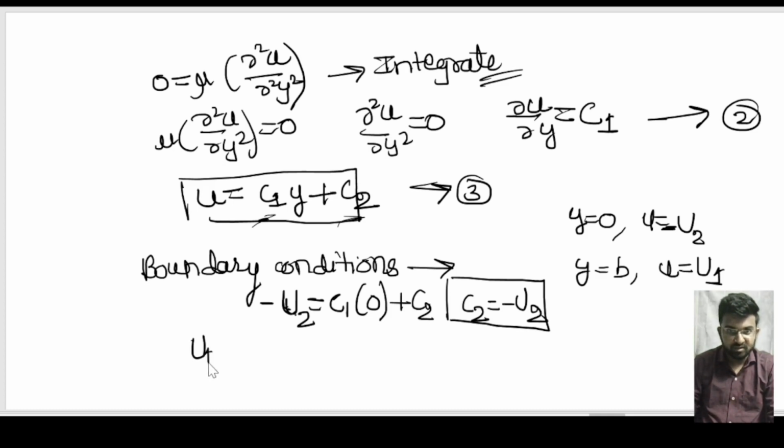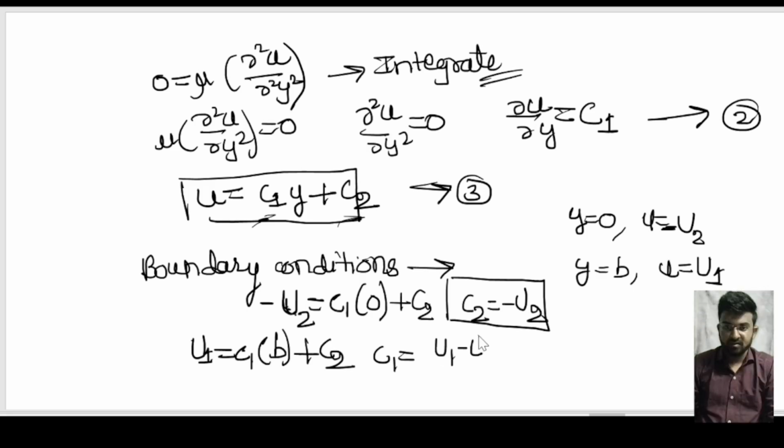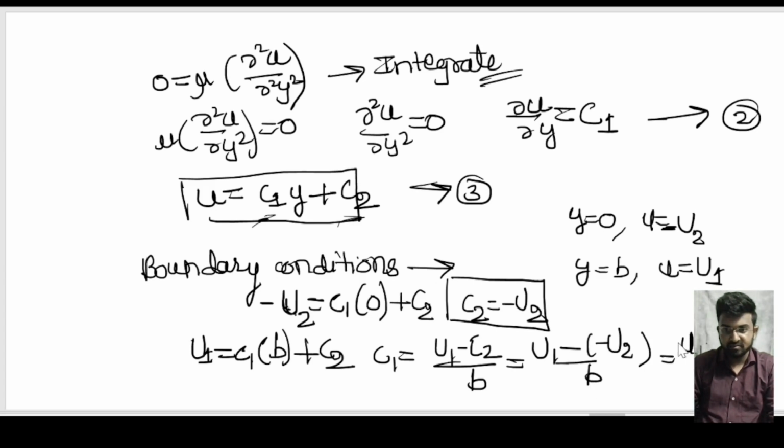Put u1 instead of u: u1 equals c1 into b plus c2. So from here we get c1 equal to u1 minus c2, divided by b, which gives c1 equal to u1 plus u2 divided by b.